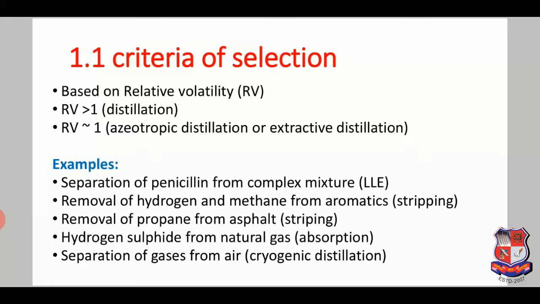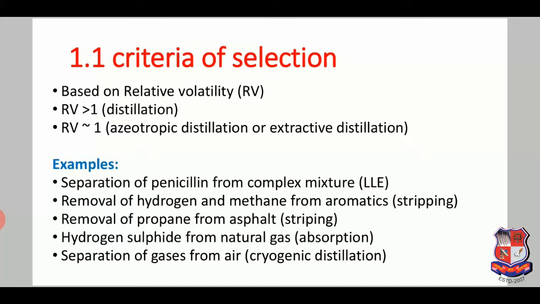Next, suppose we want to remove hydrogen and methane from an aromatic mixture, stripping is the only option. You know that in stripping, there is a liquid mixture, and when you heat it up, one vapor or gas phase is removed from that liquid mixture. Next is removal of propane from asphalt. That is also an example of stripping.